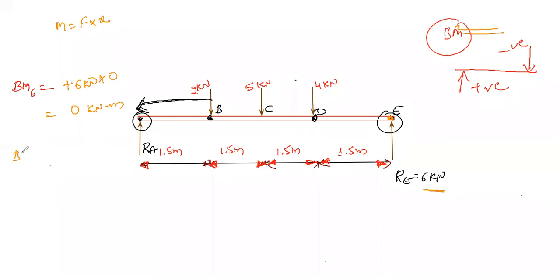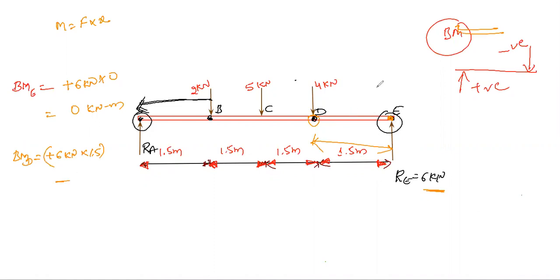Next, bending moment which is acting at point D. At this point D, we have this upward force and this downward force. This upward force is positive 6 kilonewton into the distance of 1.5.